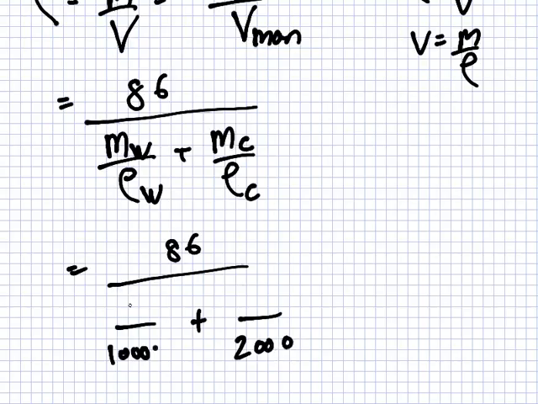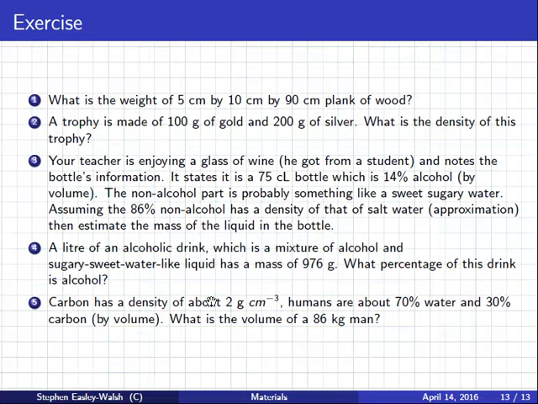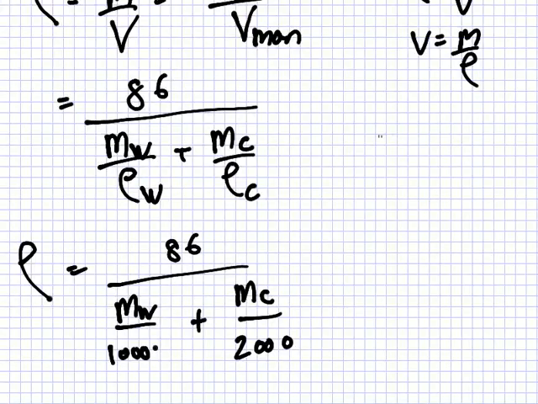So what I mean by that is 0.70 times the volume of the man is the volume of the water, and 0.30 times the volume of the man is the volume of the carbon. Do you understand? Now, we also have this here.